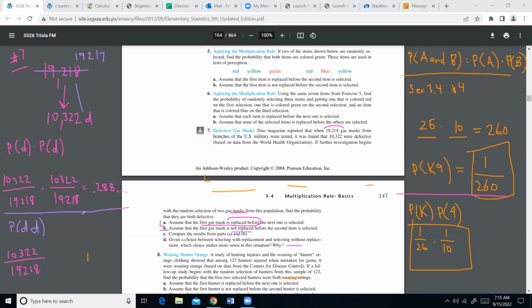So your total changed. Your total now is 19,217. You see? And similarly, you no longer have that many defectives because you already selected one and you threw it away, so there is one less left. So you get 10,321. So you need to multiply these two fractions together and then see what's gonna change if you do that.